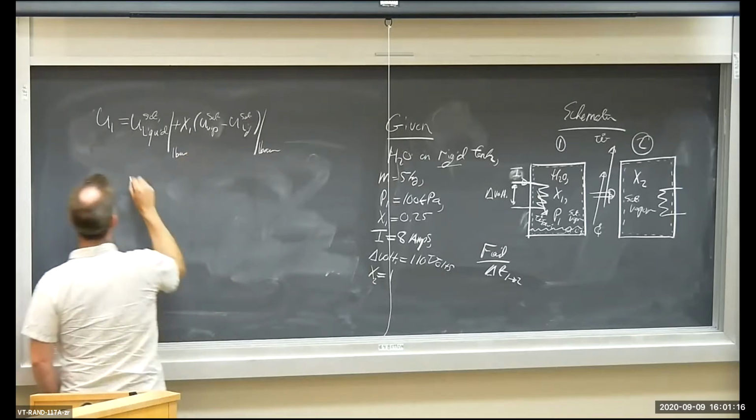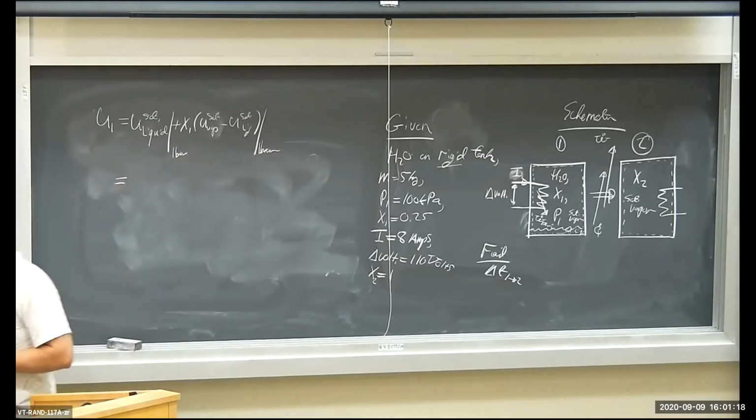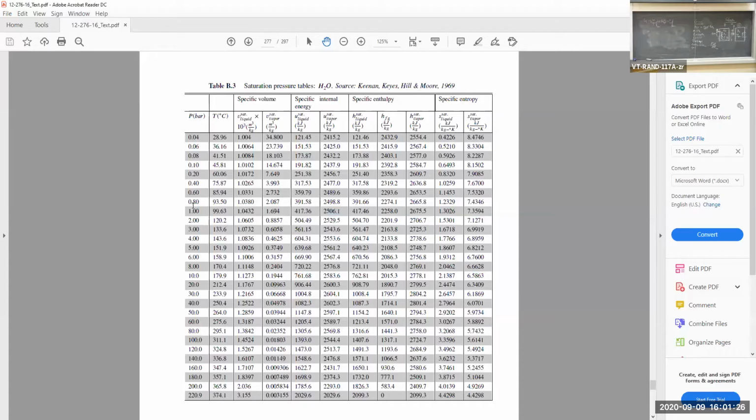Okay, let's look some of these values up. At 1 bar, the specific internal energy of the saturated liquid is 417, and of the vapor, 2506 kilojoules per kilogram.